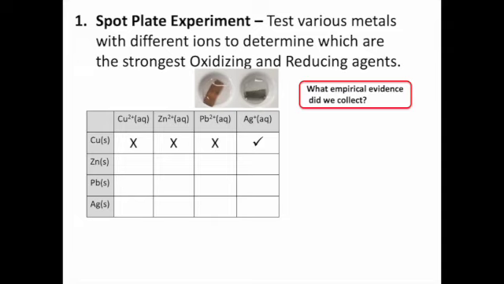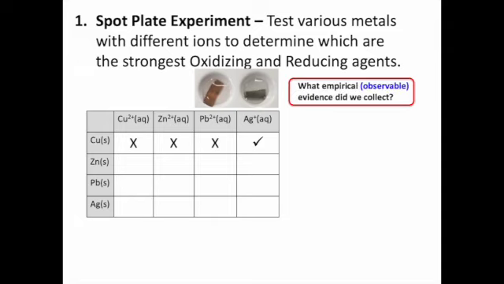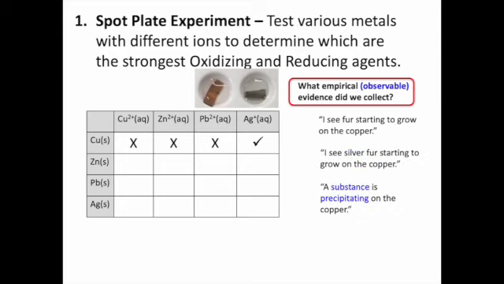So what empirical evidence did we collect? That means what observable evidence did we collect? Well, I see fur starting to grow, or I see a substance precipitating. A good chemistry description is silver metal, Ag solid, is precipitating on the copper.